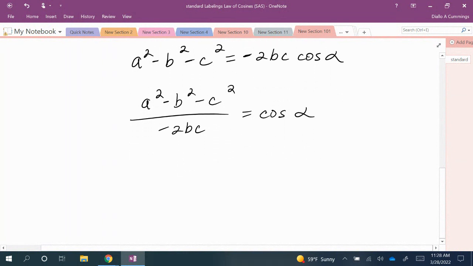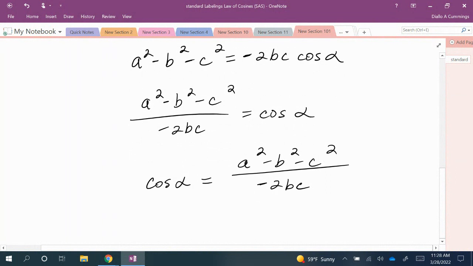I'm just going to flip it around before I do anything else, so I'm going to write this as the cosine of alpha is equal to a squared minus b squared minus c squared divided by negative 2bc. The only thing I did here was reverse the formula.